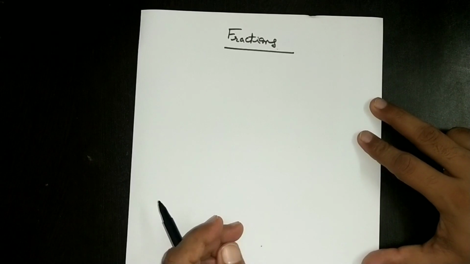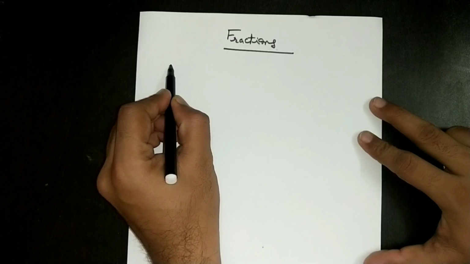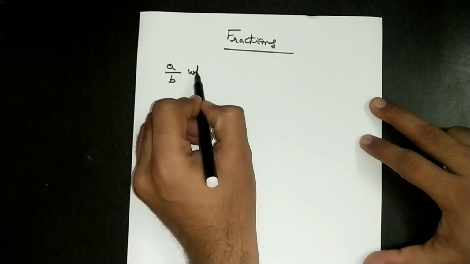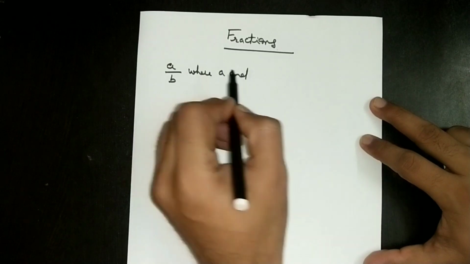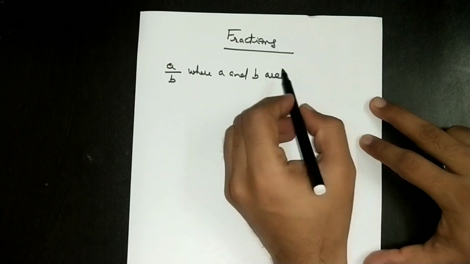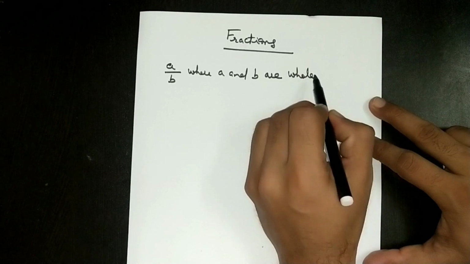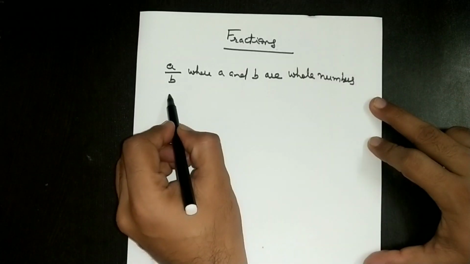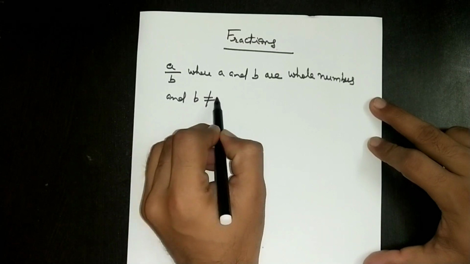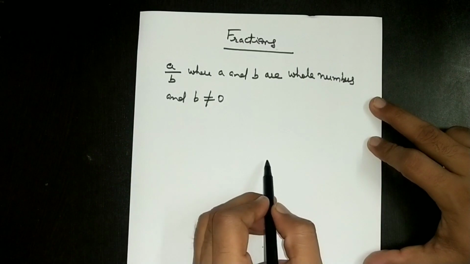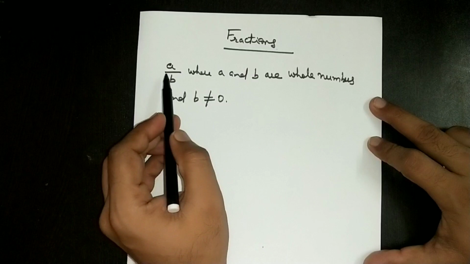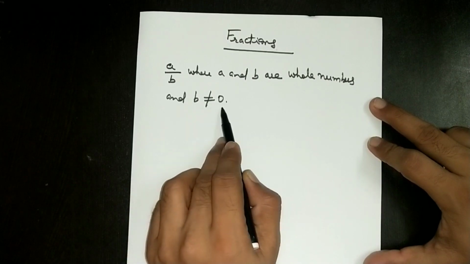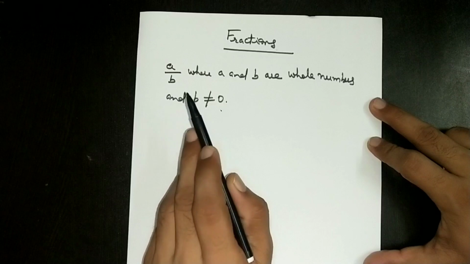What are fractions? Fractions are A divided by B, where A and B are whole numbers and B is not equal to 0, because whole numbers start with 0.